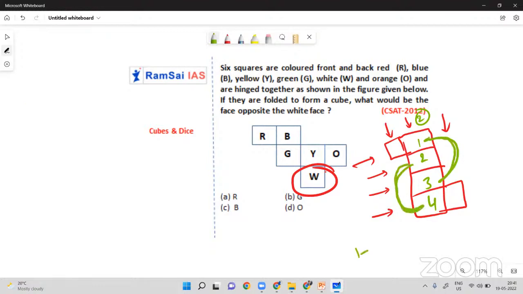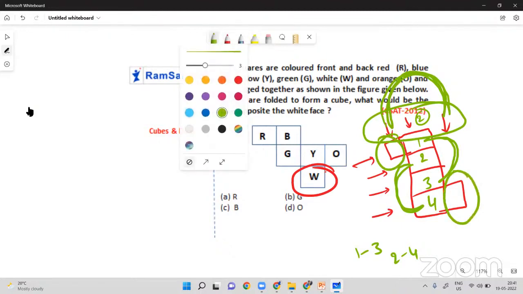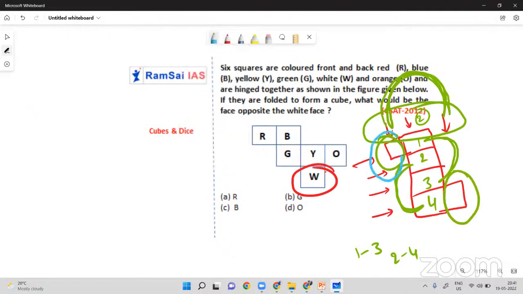So 1 comma 3, 2 comma 4 will be opposite to each other. And at the same time, when you take the 3 columns at a time, if the odd columns have only single faces, they too will be opposite to each other. Hope it's very clear. With blue, I am explaining these 2 faces will be opposite to each other.